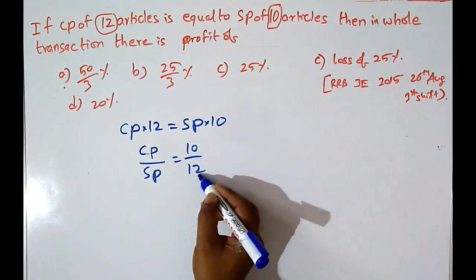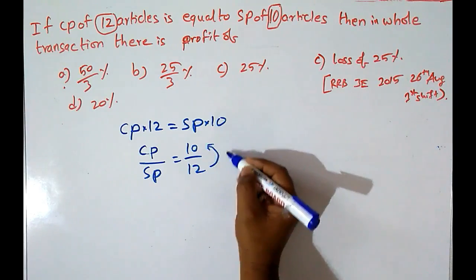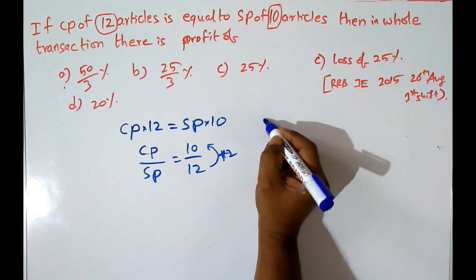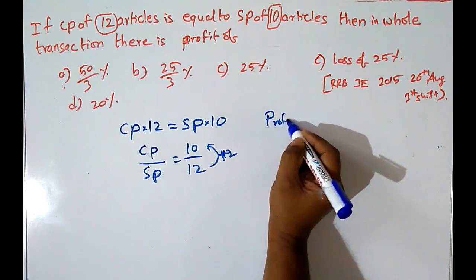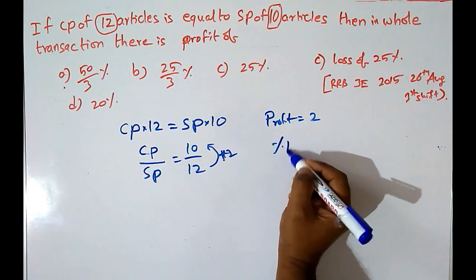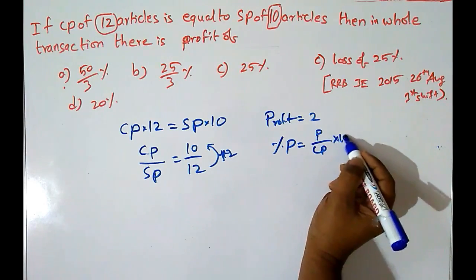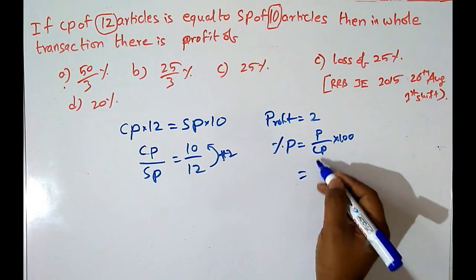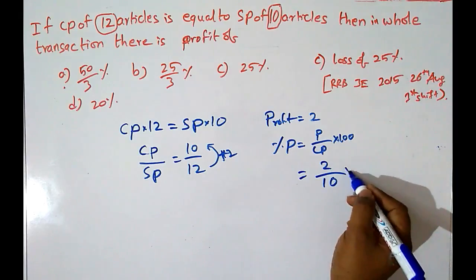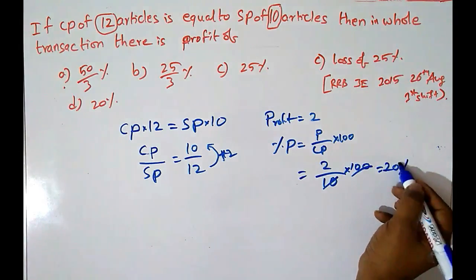Here again we can see the SP is greater than CP, and this difference of 2 is given by profit, friends. So profit is equal to 2. Percentage profit is given by profit by CP into 100. That is 2 by 10 into 100. 20%.